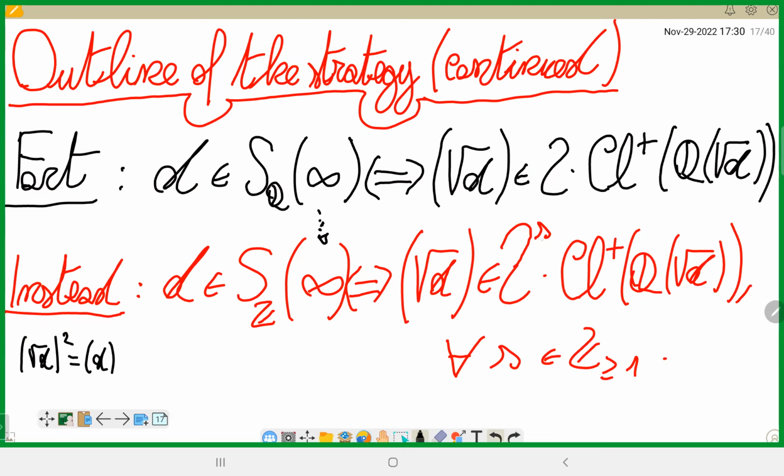of layers, one for every s, that sort of detects whether you are still divisible by that power of 2 or not.